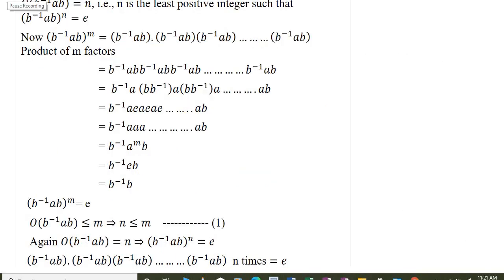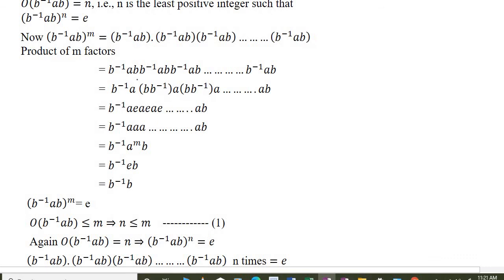Now consider (B inverse AB) whole power M. That means we are writing B inverse AB, B inverse AB, B inverse AB, a product of M factors, because here power M is there. That's why the RHS contains M terms.